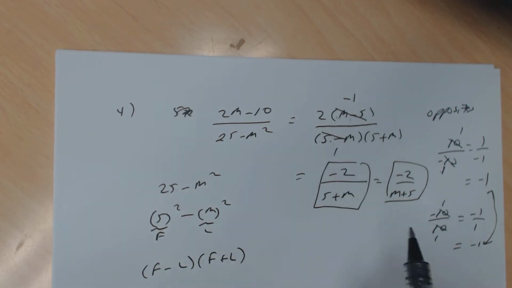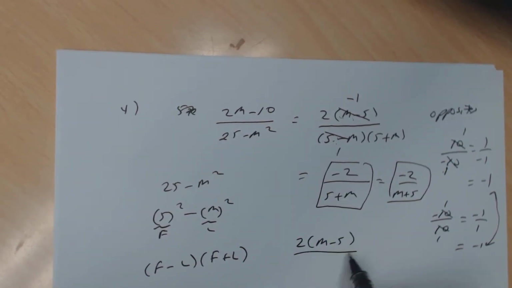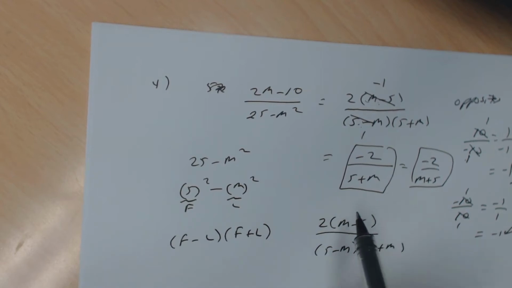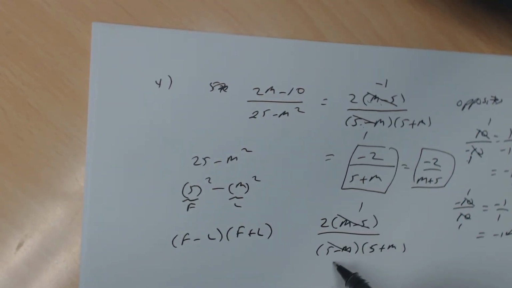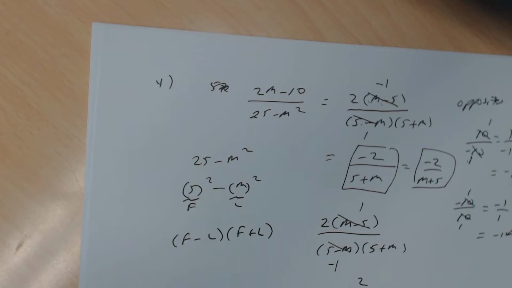Now let's go back over here where we had 2 times m minus 5 over 5 minus m times 5 plus m. Let's suppose that someone instead wanted to say this is 1 and this would be my factor negative 1. It does not matter. You would get 2 times 1 is 2 over negative 1 times 5 plus m.